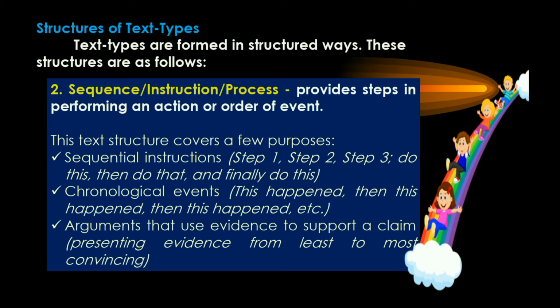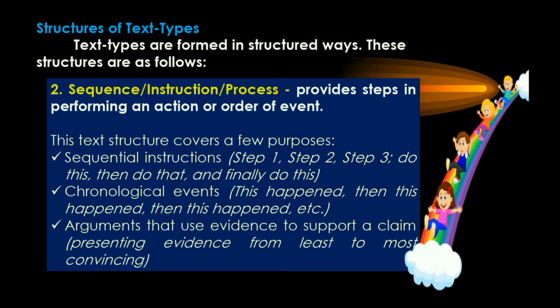We have sequence, instruction, and process. This provides steps in performing an action or order of events. This text structure covers a few purposes. Sequential instructions: step 1, step 2, step 3, do this, do that, and finally do this. That's sequential.